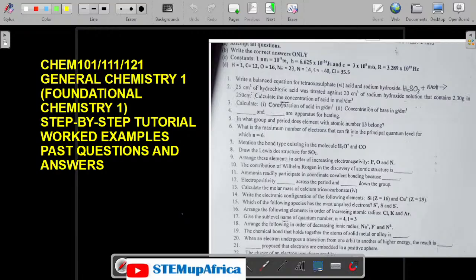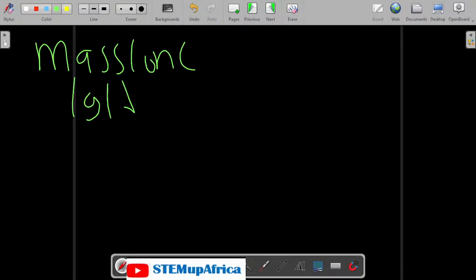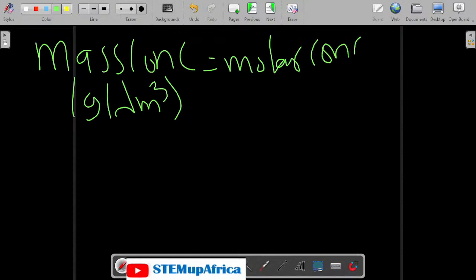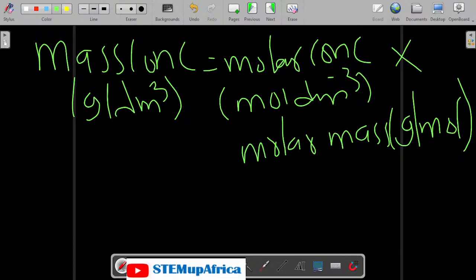That is mass concentration, measured in grams per dm cube, is equal to molar concentration, measured in mole per dm cube, times molar mass, measured in grams per mole. So this is the mathematical relationship for mass concentration.